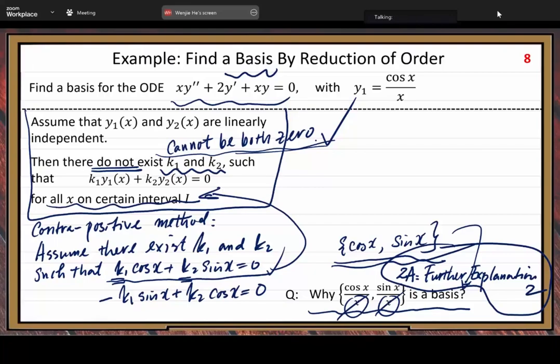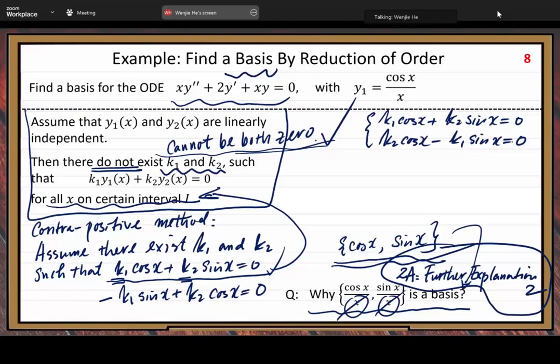Now what do we get? Here we have a linear system: k1 cosine of x plus k2 sine of x equals 0, and k2 cosine of x minus k1 sine of x equals 0.